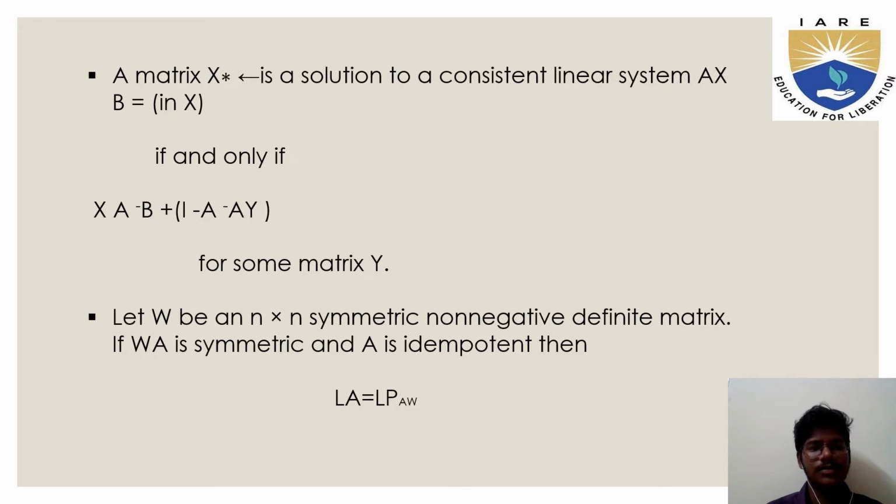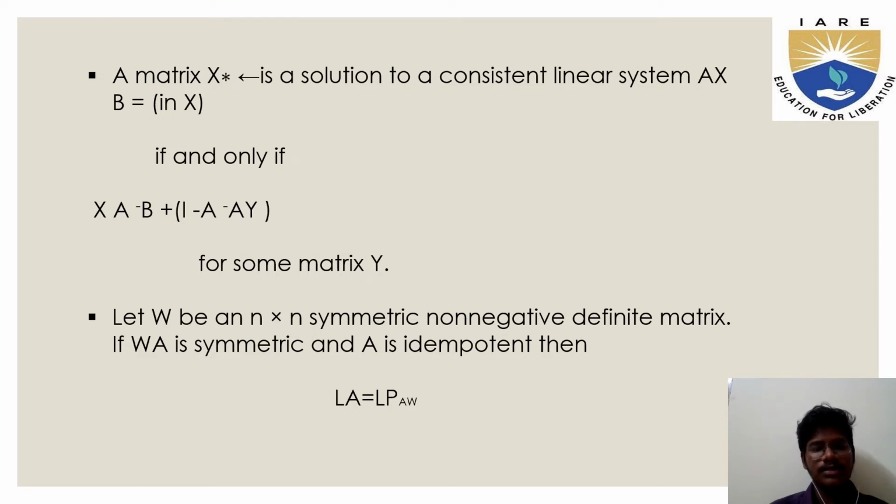This is the first property, which says that a matrix X is a solution to a consistent linear system Ax equal to b in X if and only if X equals A inverse b plus 1 minus A inverse A times Y for some matrix Y. It states that X is a solution to a consistent linear system Ax equal to b.